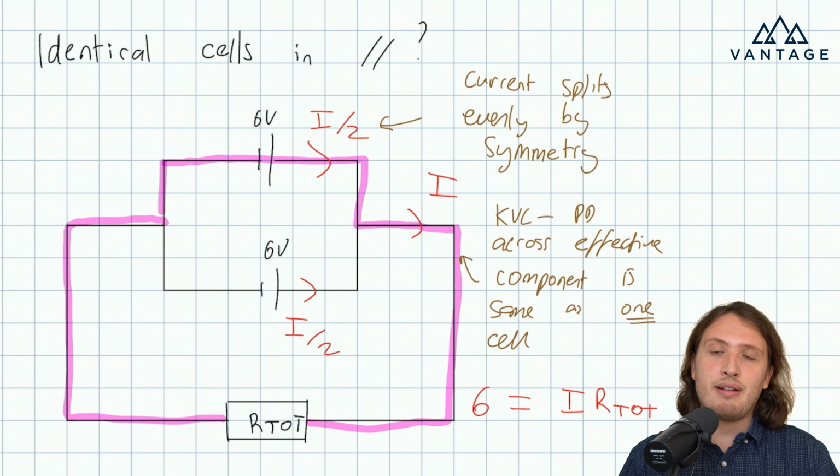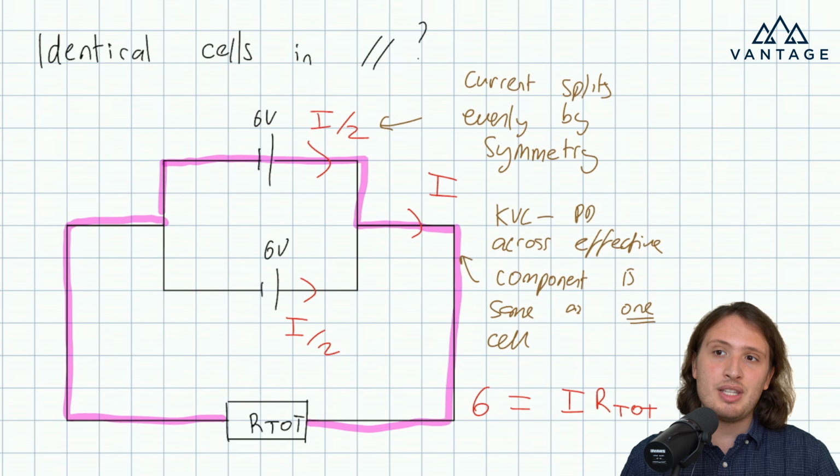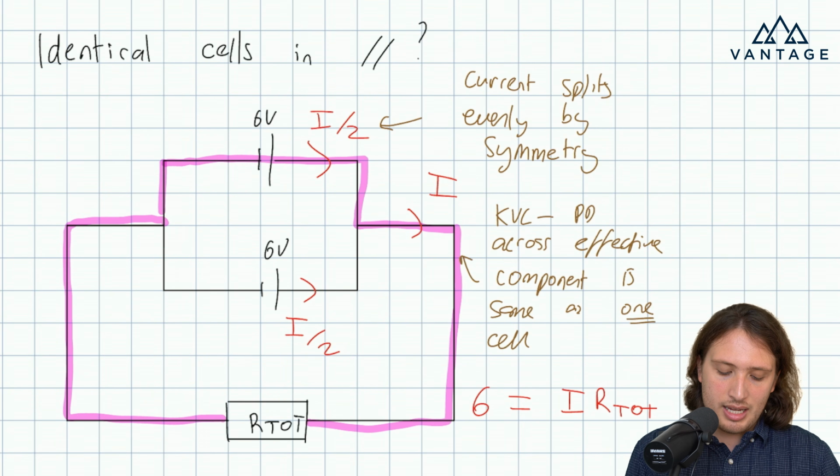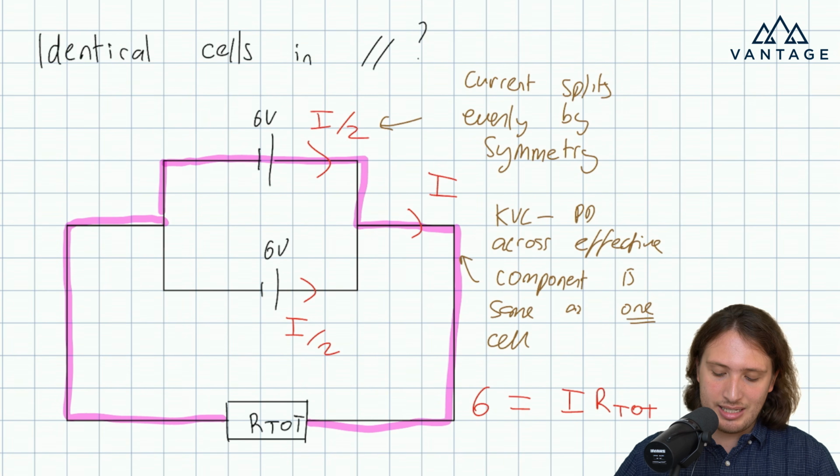So for this configuration, if I use V equals IR on the circuit, so on my effective total resistor, I get 6. The potential difference of one of the cells is I, the unsplit current that flows through here, of which half flows through each cell, times R tot. So it's not difficult. It's best to actually draw it out if you're at all confused and think about actually putting in this imaginary effective resistor.